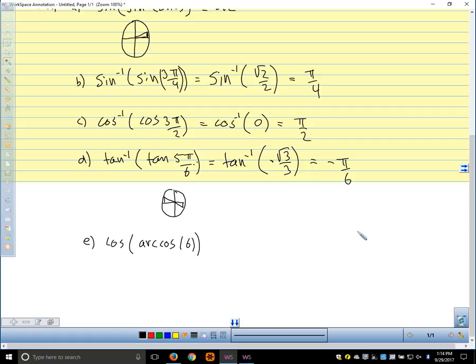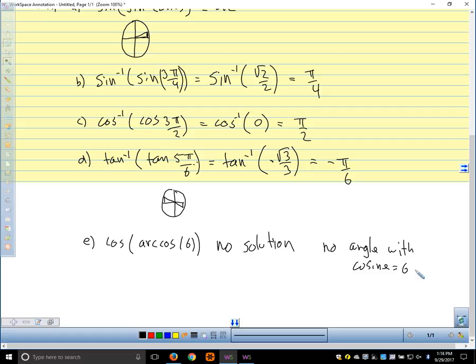It's more than 1. There's no angle that has a cosine of 6. So this is no solution, because the inverse cosine is an angle whose cosine is 6, and no angle has a cosine of 6.